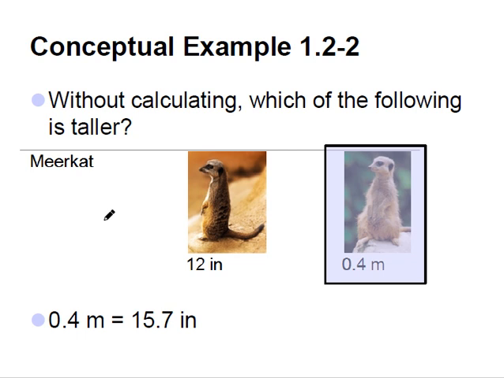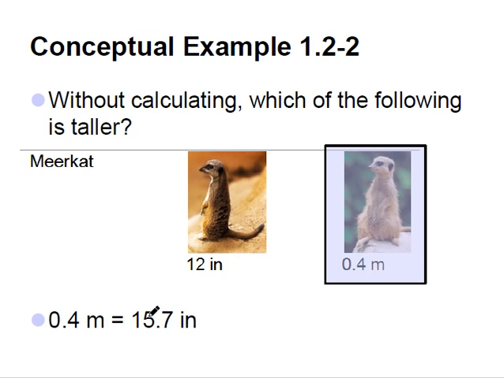Okay, another example. We're going to practice guessing without calculating and play with the units of length. Here we have inches and meters. We have numbers: 12 inches and 0.4 meter. And we have the equation that 0.4 meter is equal to 15.7 inches. We have to compare numbers with the same unit, so conversion information equations are very, very important.